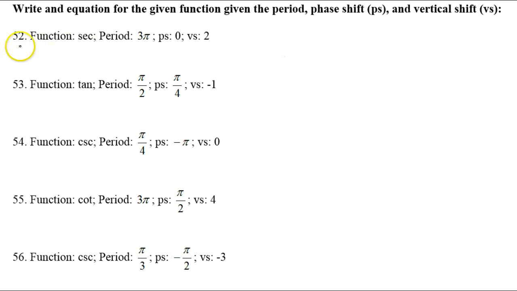For number 52, secant. I know that the period for a regular secant is 2 pi. So the formula goes like this. The period should equal 2 pi divided by the b value. Here they've given me that the period is 3 pi.